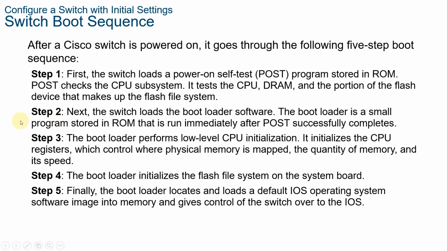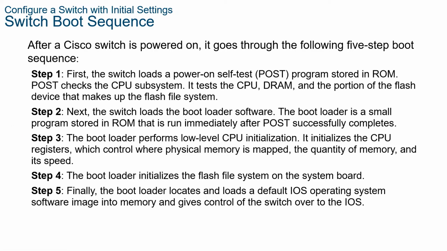Step number 2, the switch loads the bootloader software. The bootloader is a small program stored in ROM that runs immediately after POST successfully completes. The bootloader performs a low-level CPU initialization.